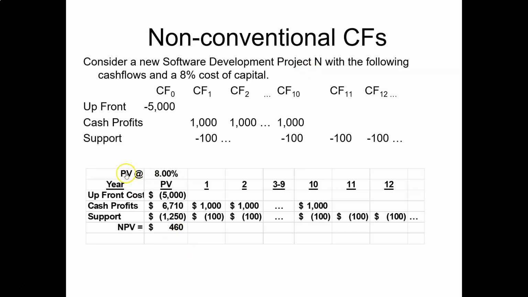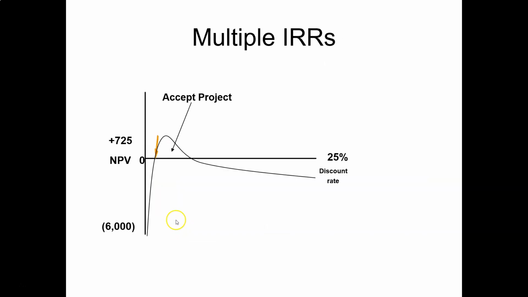Now, if we make some experiments with this opportunity cost of capital, we can find that if the opportunity cost of capital is very low, say 1%, the net present value of this software project will be negative. Why?